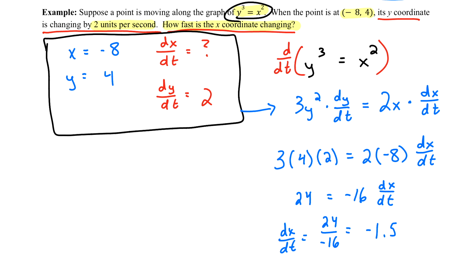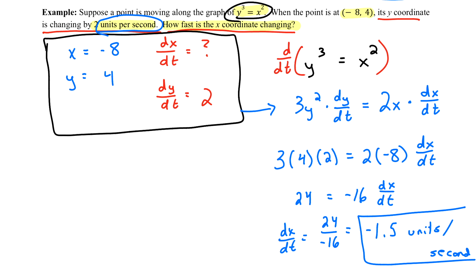And in this case, I can kind of look at the rate that was given for y. And here we said we were working with a rate of change of 2 units per second. So I know x is going to be measured the same way. So negative 1.5 units per, and my unit of time in this case would be seconds. So negative 1.5 units per second.